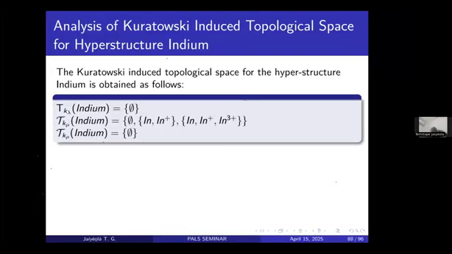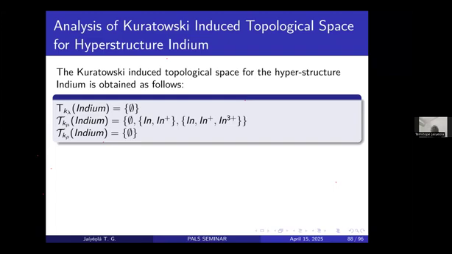So yeah, just some discussion of some of the things I talked about earlier. Now if you consider the Kuratowski-induced topological space of the hyperstructure indium, we discover that the topology contains only the empty set for the left nucleus.